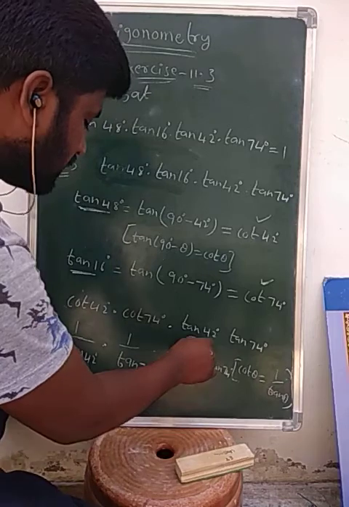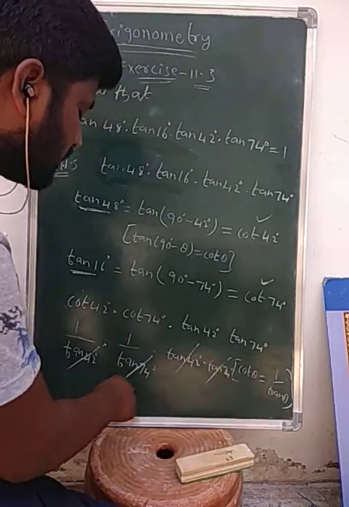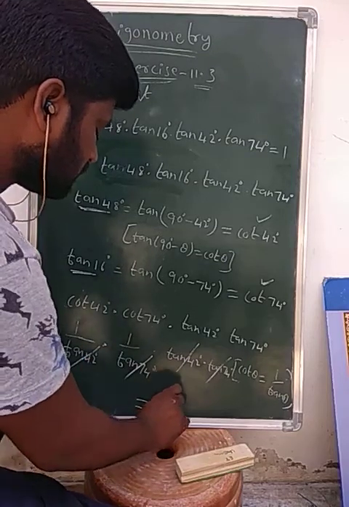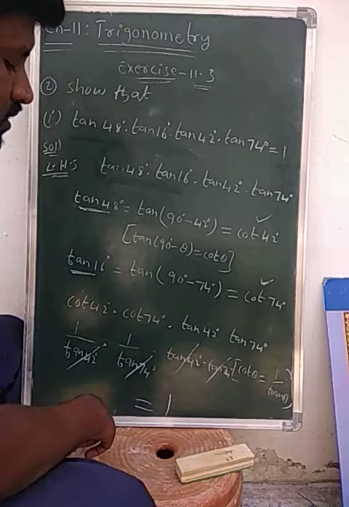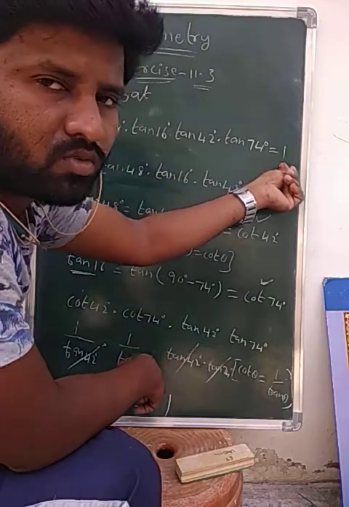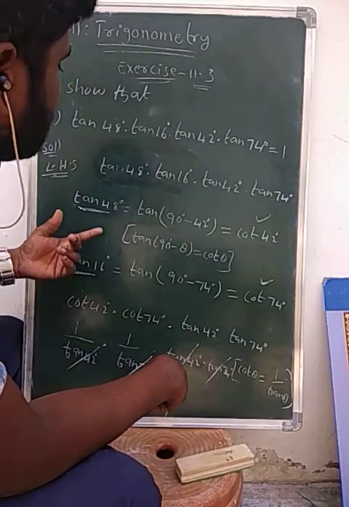So clearly tan 42 cancels, tan 74 cancels. 1 into 1 is 1. The total answer is 1. So clearly the LHS part is equal to the RHS part. Okay, so this is the required answer for this question.